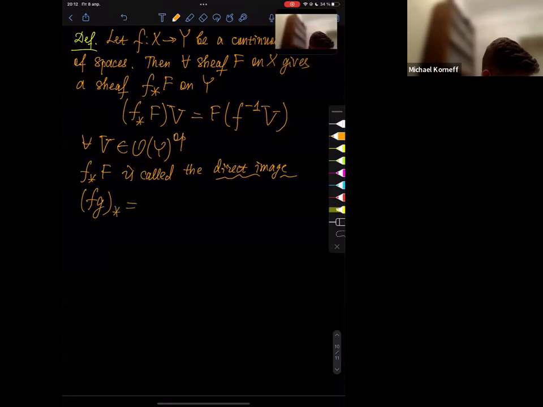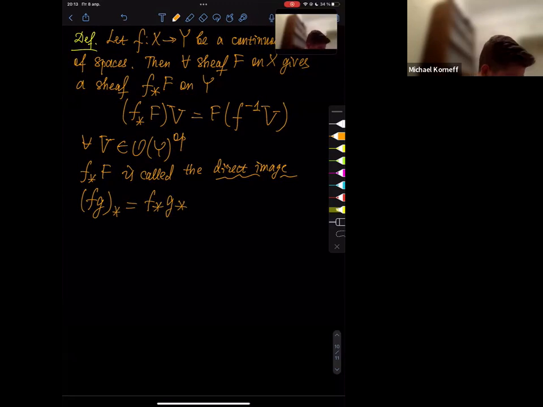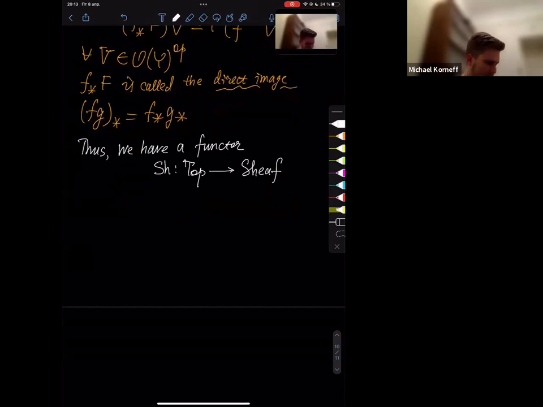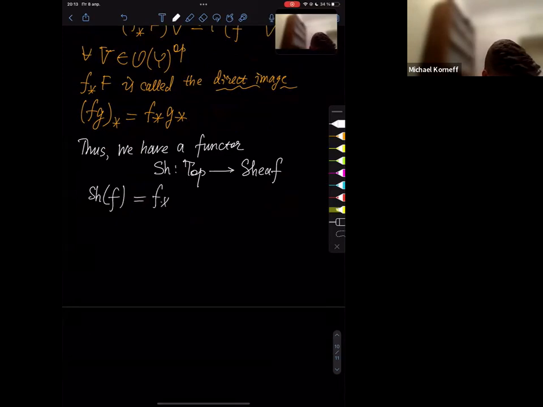That is, we have the following identification, and thus we have a functor from the category Top to the category of sheaves, and the sheaf of f is just f star.